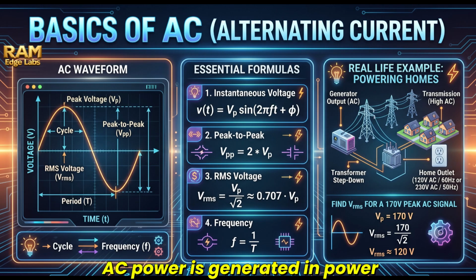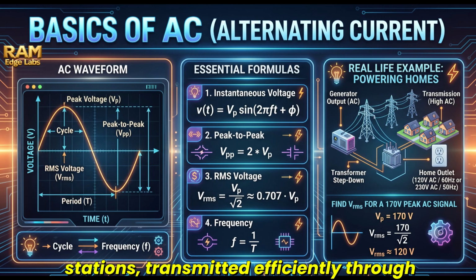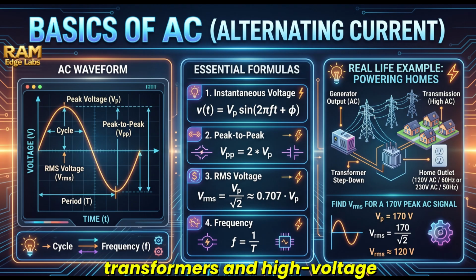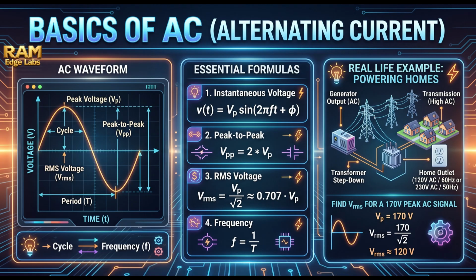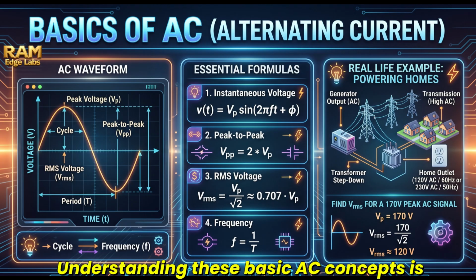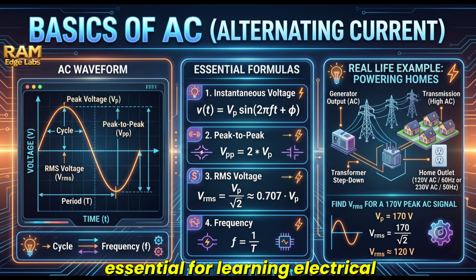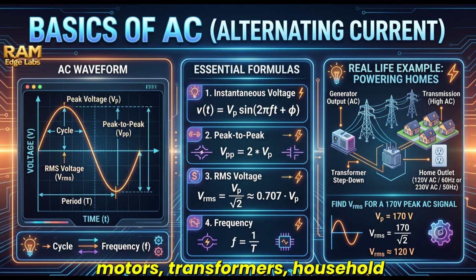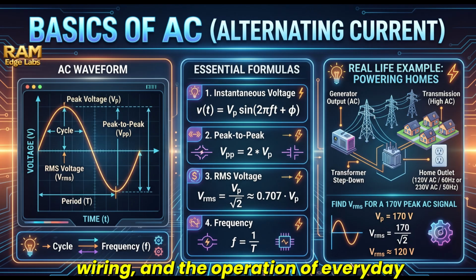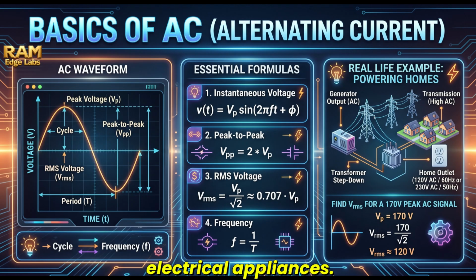AC power is generated in power stations, transmitted efficiently through transformers and high-voltage transmission lines, and finally supplied to homes and industries. Understanding these basic AC concepts is essential for learning electrical engineering, electronics, power systems, motors, transformers, household wiring, and the operation of everyday electrical appliances.